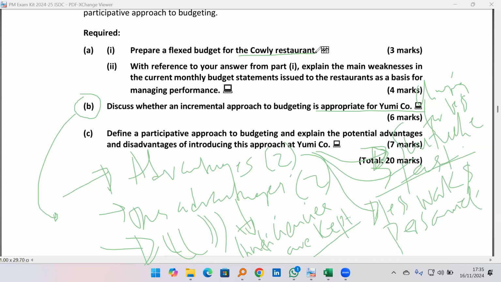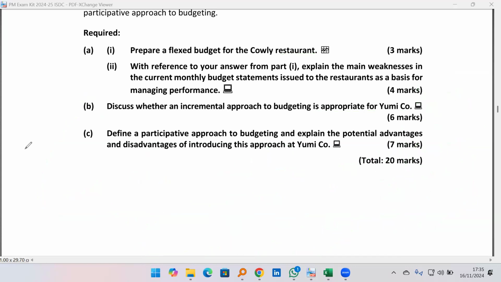Okay. So now we go to the third part, and the third part is basically discussing the participative approach. Okay, and they're saying first of all, define what is participative approach and explain the potential advantages and disadvantages of introducing this approach.